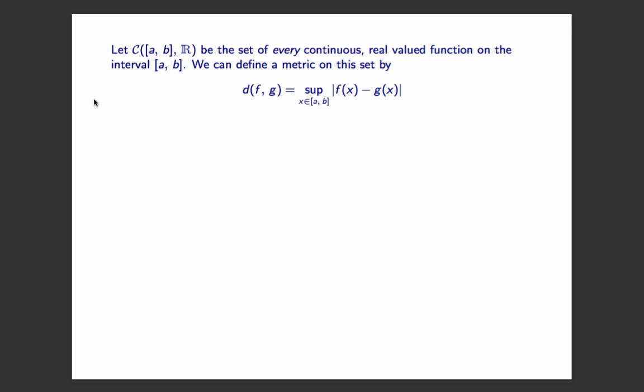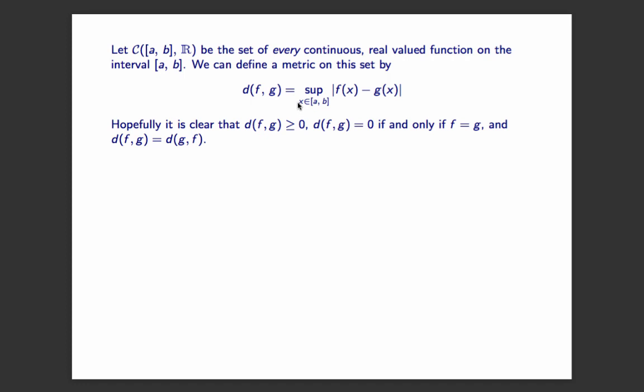Well, here's one way, is I could take the supremum of the difference in absolute value. Notice that kind of looks like the infinity metric on our vector space Rn.